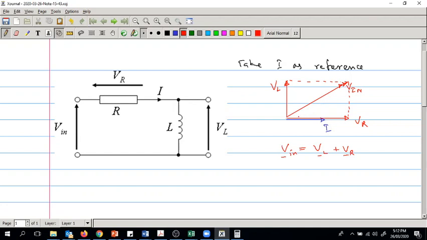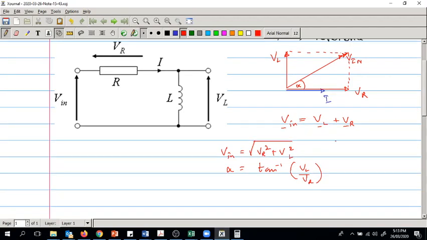Let's label this as alpha, right? So the magnitude of V in is equal to square root of VR squared plus VL squared, right? And angle alpha is tan inverse VL over VR, right?